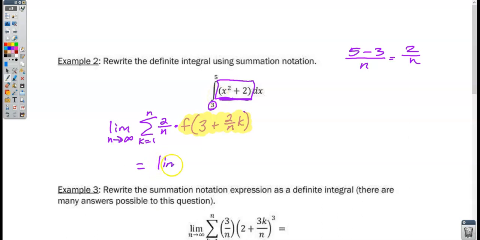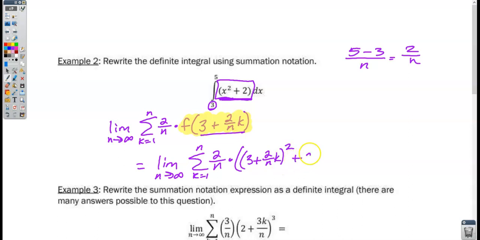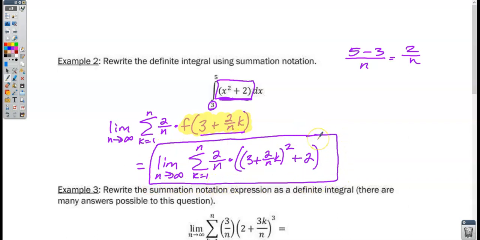So this is going to be the limit as n goes to infinity of the sum from k equals 1 to n of 2 over n times, and my function is x squared, so I'm going to put this expression right here in for x. So that's x squared plus 2. That was our function. And this right here is my summation notation, Riemann sum representation of this definite integral.